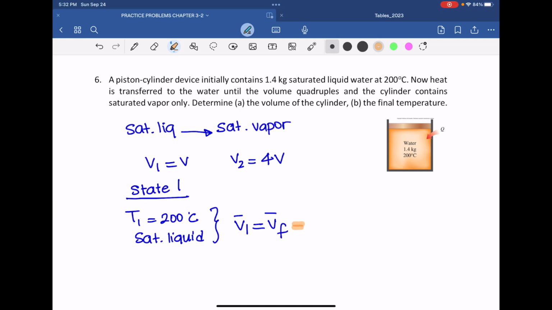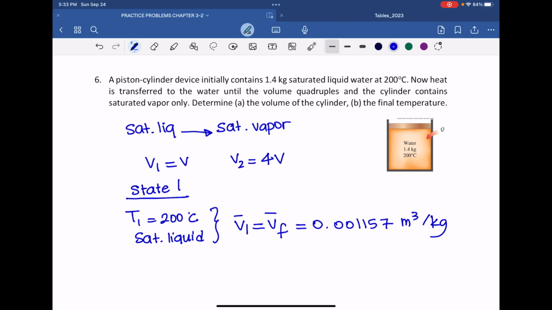Let's copy that. All right, now we know the specific volume and we know the mass.